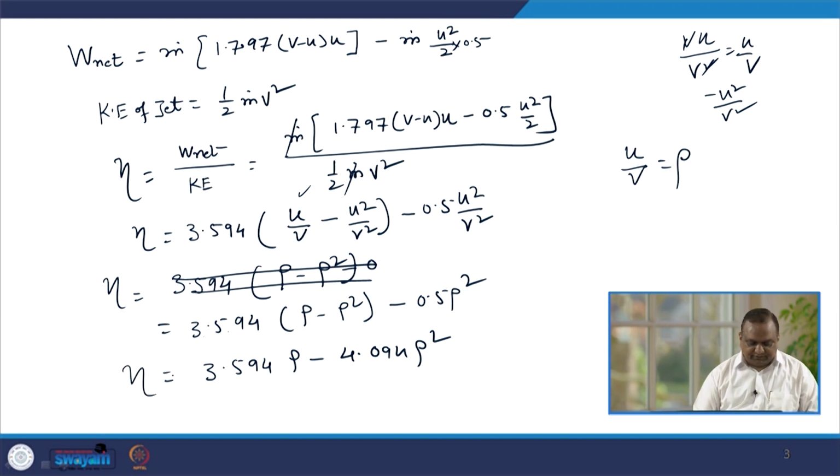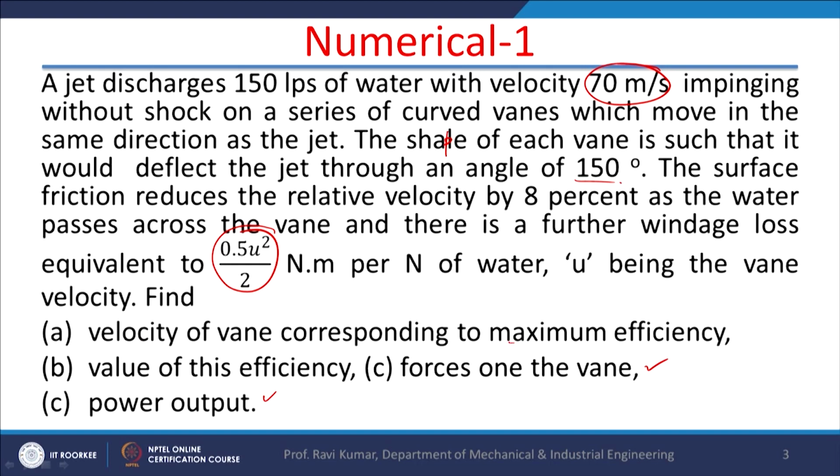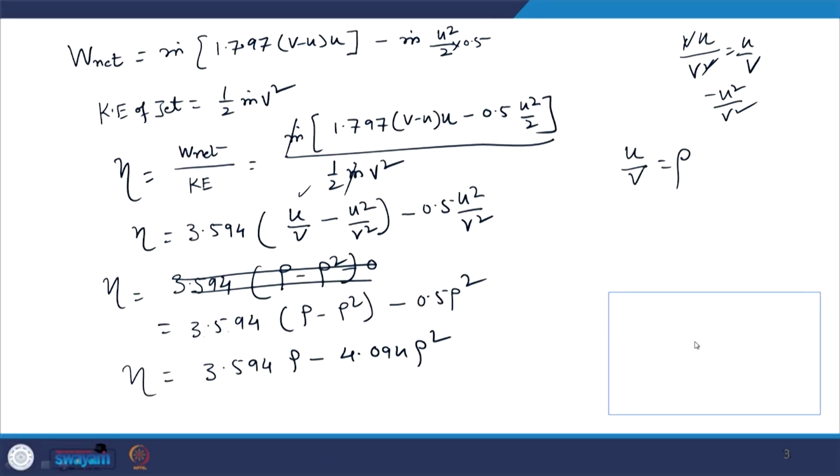Now, after calculating this efficiency, we have to find the maximum efficiency and the velocity of the vane corresponding to maximum efficiency. If you want to find the maximum efficiency, we will have to differentiate this term with respect to rho. So, first of all, we will write efficiency is equal to 3.594 rho minus 4.094 rho square.